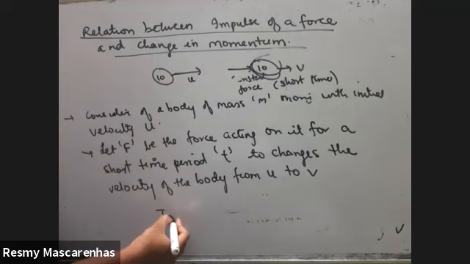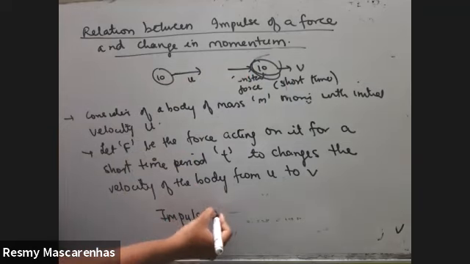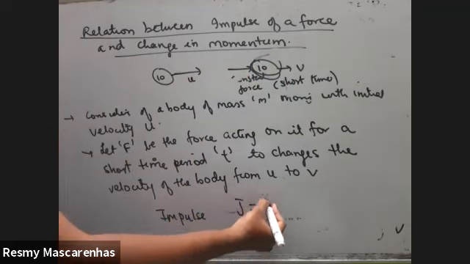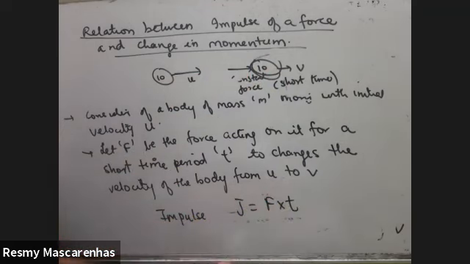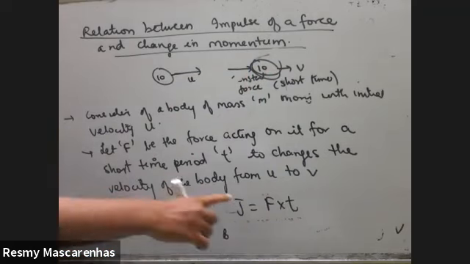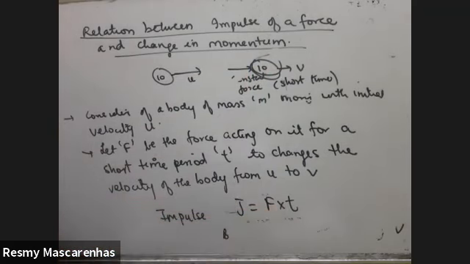So what is the impulse formula? We know that J is F into t. Just now we derived the formula for force. What is the formula for force? F equals m a.